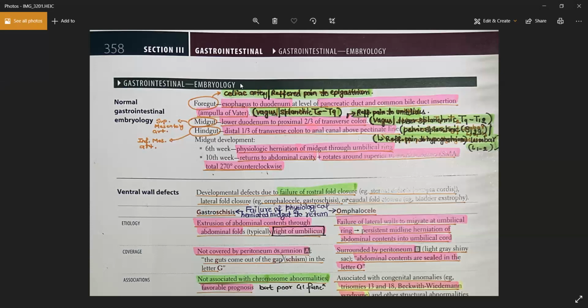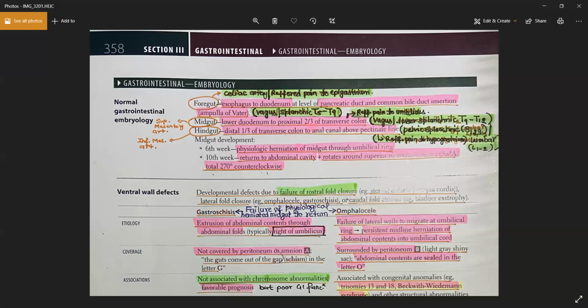For the sympathetic supply, you have the splanchnic nerves, the thoracic splanchnic nerves, from T5 to T9. If you remember the thoracolumbar division, this thoracolumbar is your sympathetic system. So the thoracic splanchnic nerves are the sympathetic nerves for the GI tract, and T5 to T9 supply the foregut.